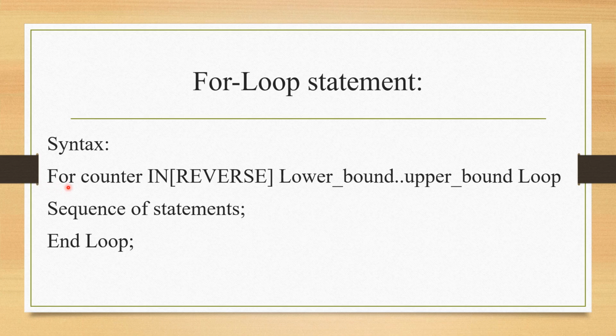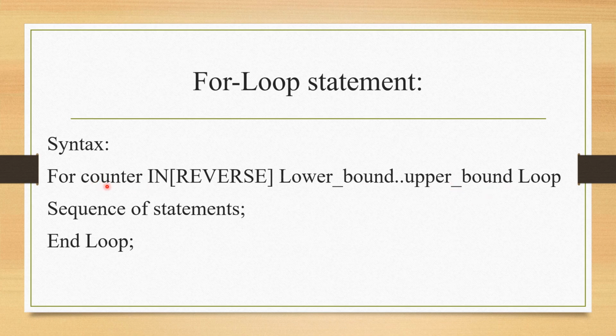We are using the for keyword, then we are using a counter, that is the variable basically that will be initialized to the lower value, the lower bound basically. That is the initial value to start the loop, and the upper bound, that is the final value to end the loop.